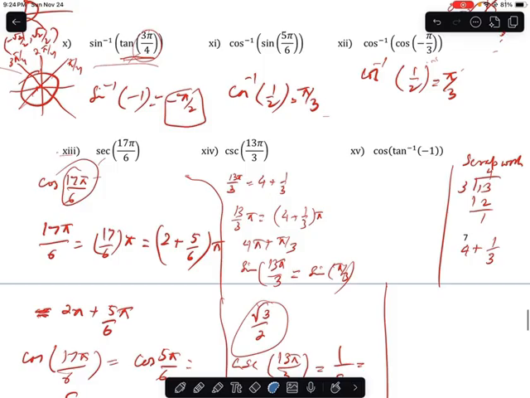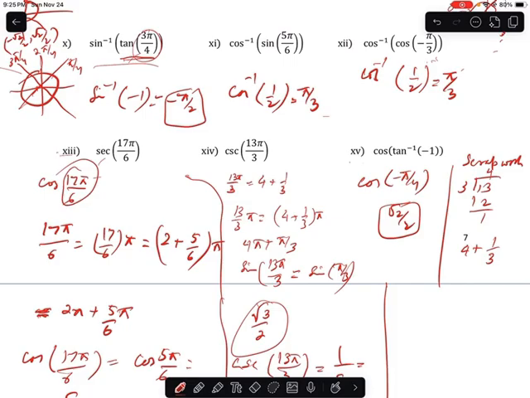Which means that sine of 13 pi over 3 will be the same as sine of pi over 3. And what is sine of pi over 3? That is square root of 3 over 2. So what will be the cosecant of 13 pi over 3?